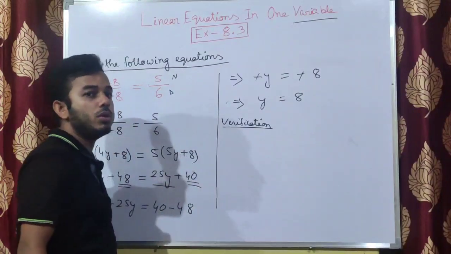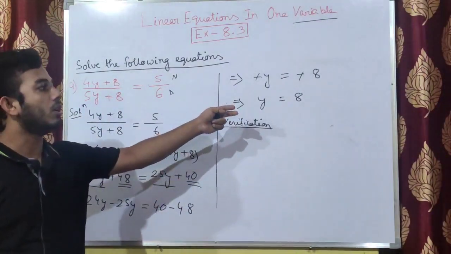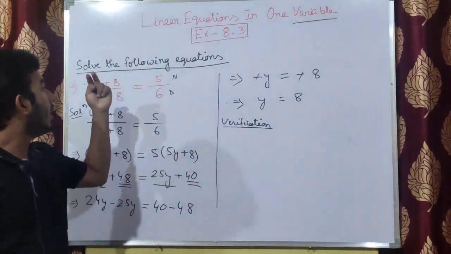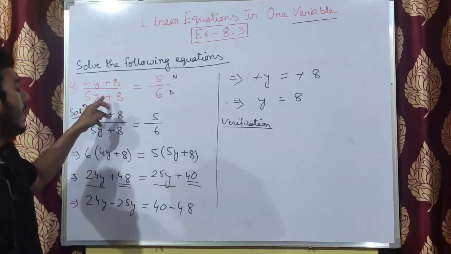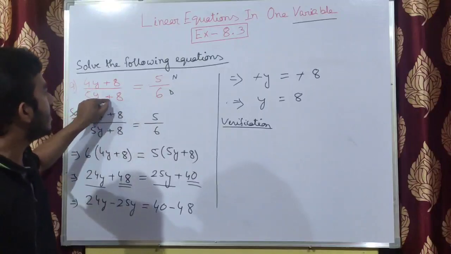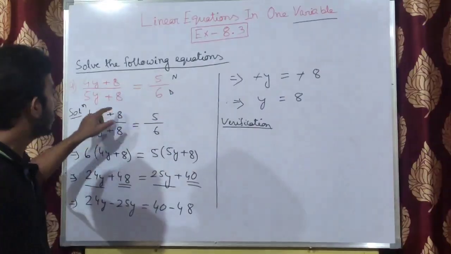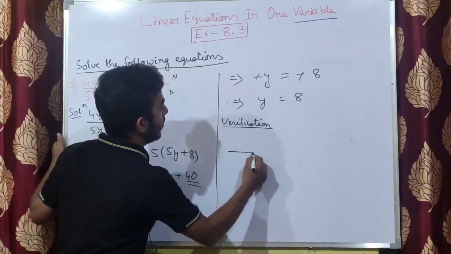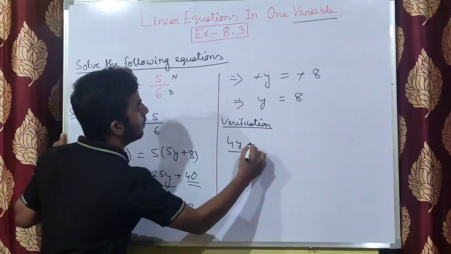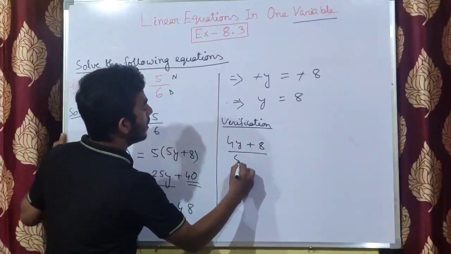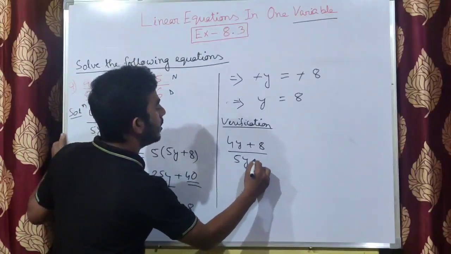In verification, what we do is we put the values of the variables in any side. Suppose we put the variables in the left hand side, and we will check whether left hand side equals right hand side. So we will write left hand side. What is the left hand side? 4y plus 8 by 5y plus 8.